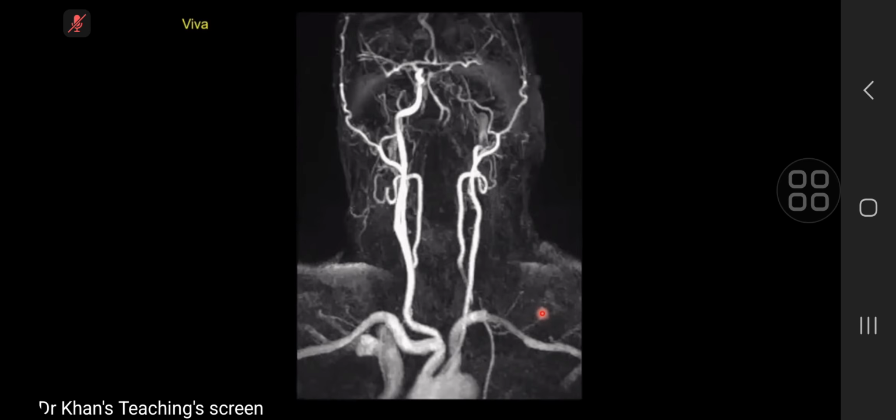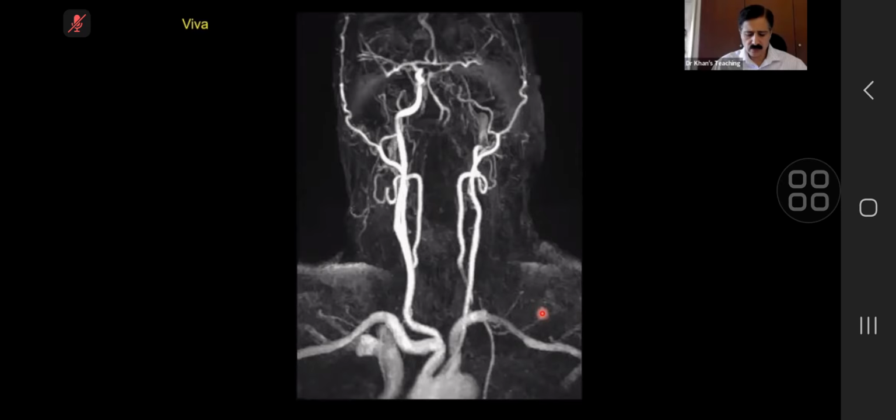Okay, so I've got a time of flight MRA for the arch vessels up to the intracranial fossa, and there is no opacification of the left ICA from the point at which... proximally.